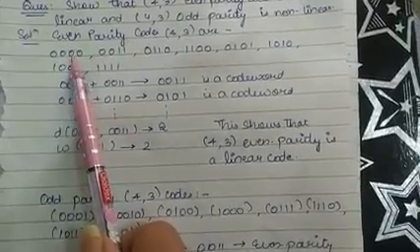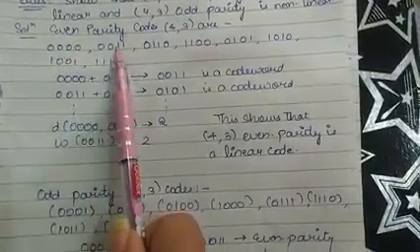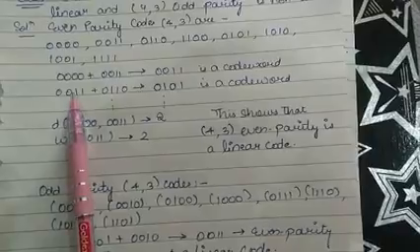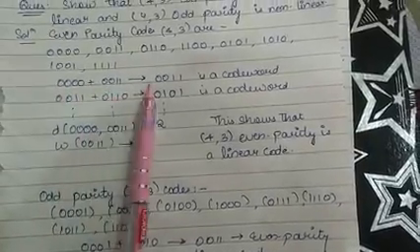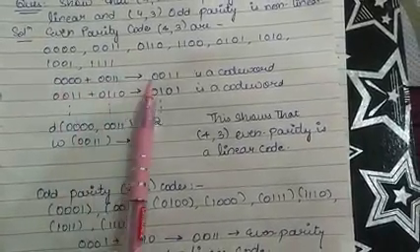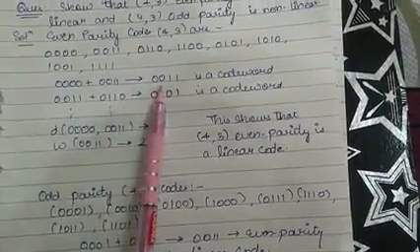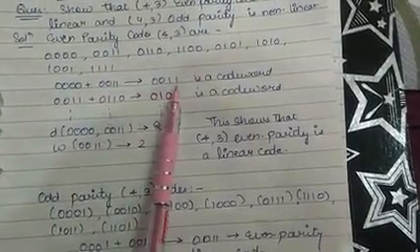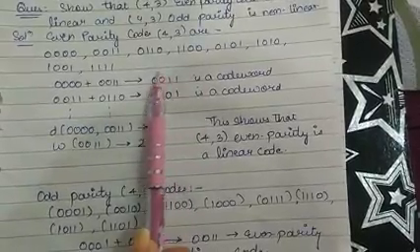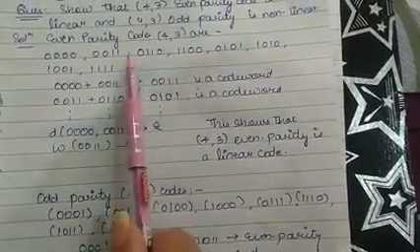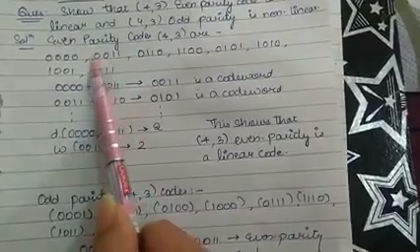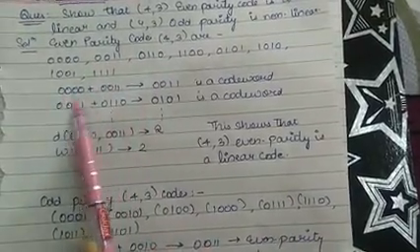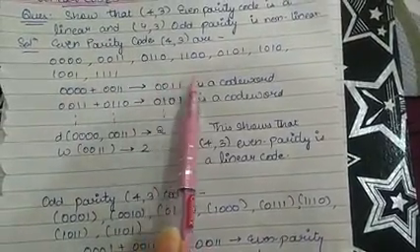If I'm adding 0000 plus 0011, 0 plus 0 will give me 0, 0 plus 0 will give me 0, 0 plus 1 will give me 1, 0 plus 1 will give me 1. Is 0011 a code word? Yes, here we have 0011. That means by adding these two code words, I get a new code word.